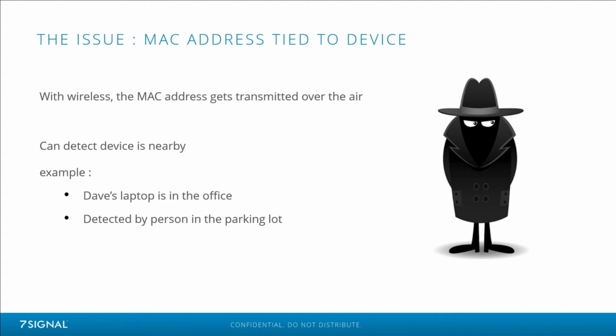If they see this MAC address and it seems like it's coming from Dave's laptop, then they know that they don't need to come into the building.